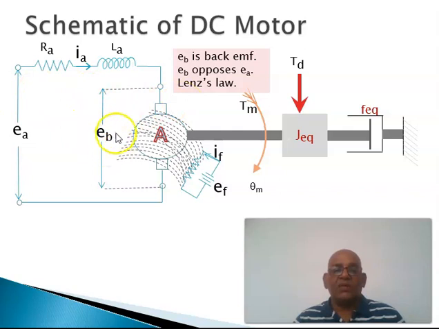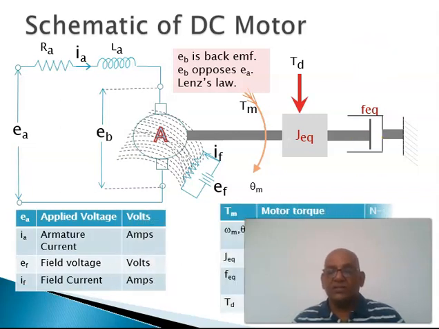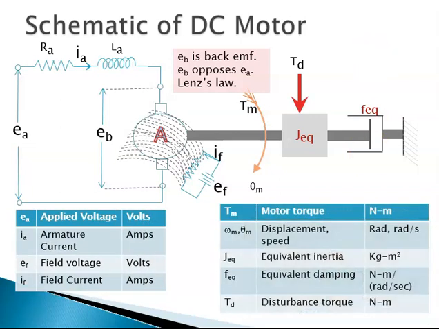This Eb is the back EMF which opposes the voltage applied Ea because of Lenz's law. While all this is happening, an external disturbing torque Td may be acting on the motor. We will try to write the equations for this system and try to develop a block diagram.